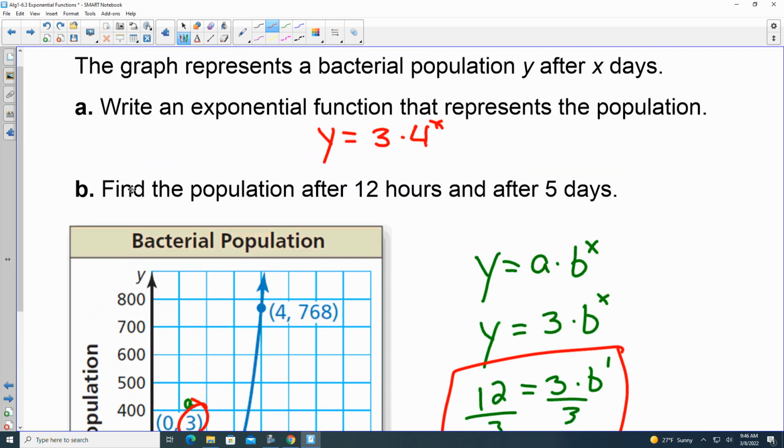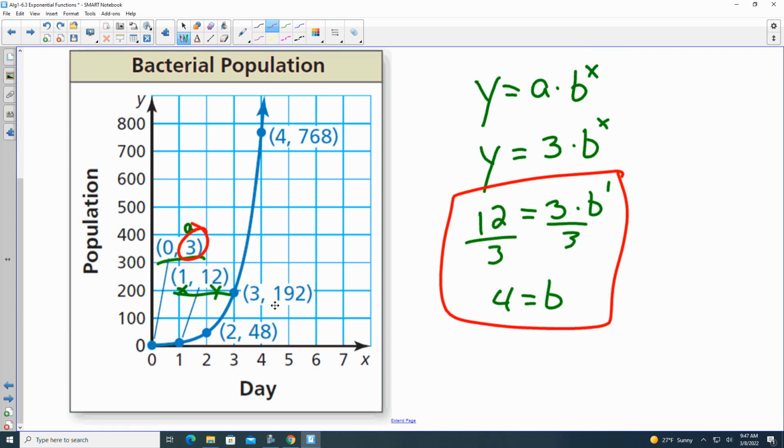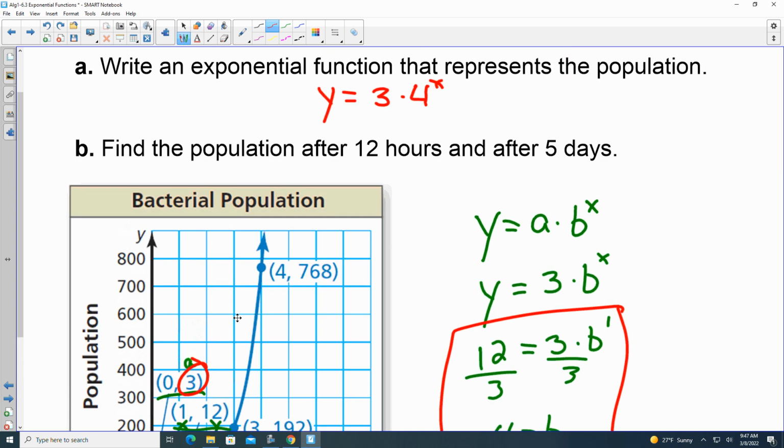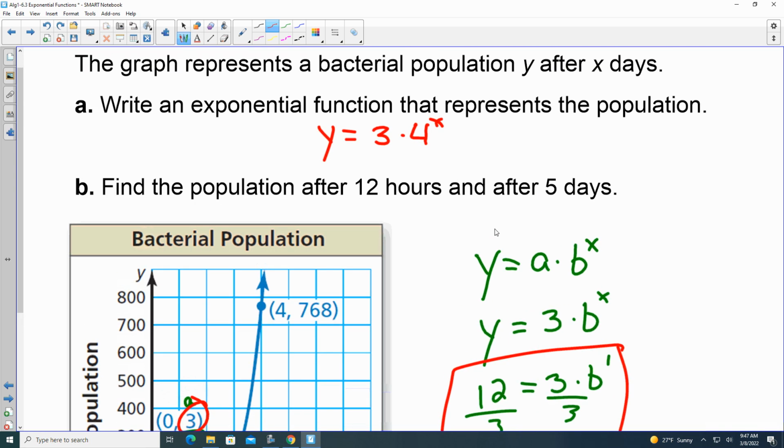The second question is they wanted you to find the population after 12 hours and after 5 days. So 12 hours is half a day. So for the first one, you're going to say that y is going to be equal to 3 times 4, and then x is going to be raised to the 1/2 power, because that's half a day.